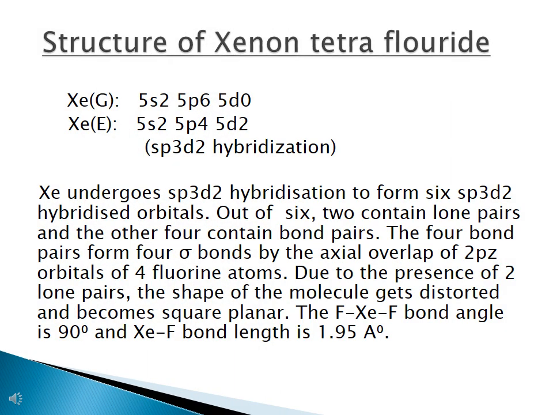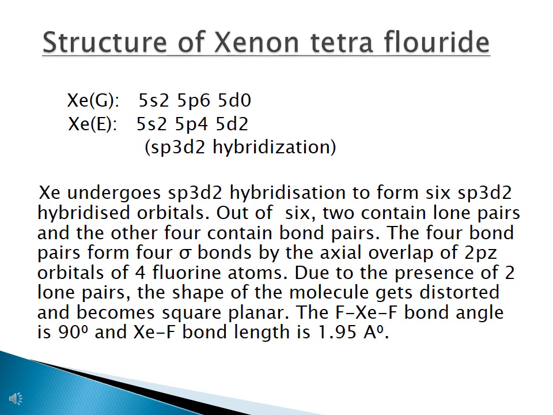Structure of xenon tetrafluoride molecule. The electronic configuration of xenon in the ground state is 5s2, 5p6 and 5d0. In the excited state, it has the configuration 5s2, 5p4 and 5d2 by the transfer of 2 5p electrons to 5d orbitals.